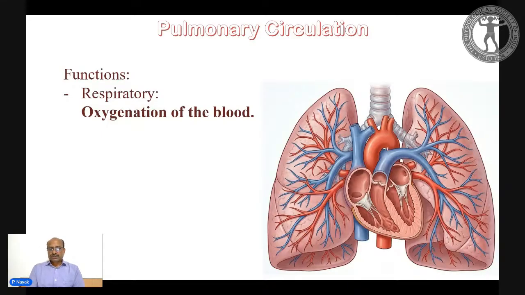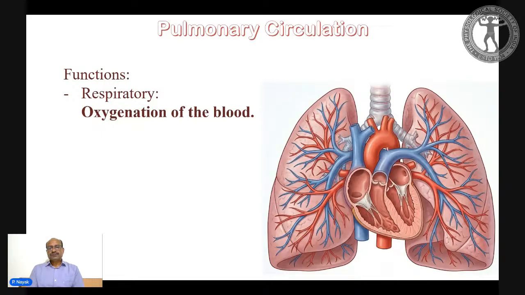However, to carry the oxygen from the environment to the tissues, to the cells, we need a medium, an exchange organ where the gases can be exchanged with the environment, and the lungs are that.